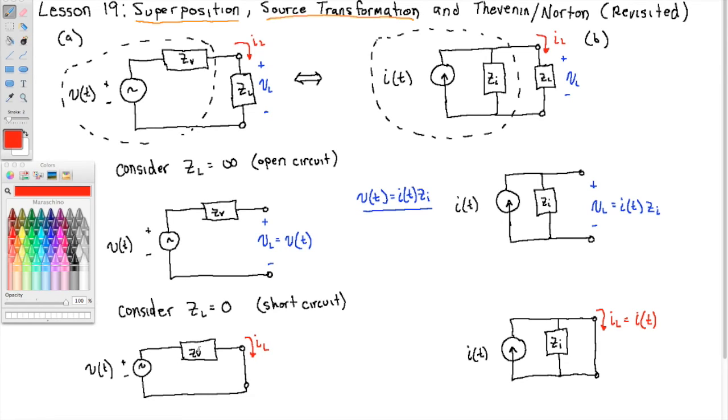Over here, we can use Ohm's law to find IL. We've got voltage V of t across impedance ZV, so the current is V of t divided by ZV. And again, if this is to be an equivalent transformation, the currents have to be the same. So V of t over ZV equals I of t, or V equals I of t times ZV.